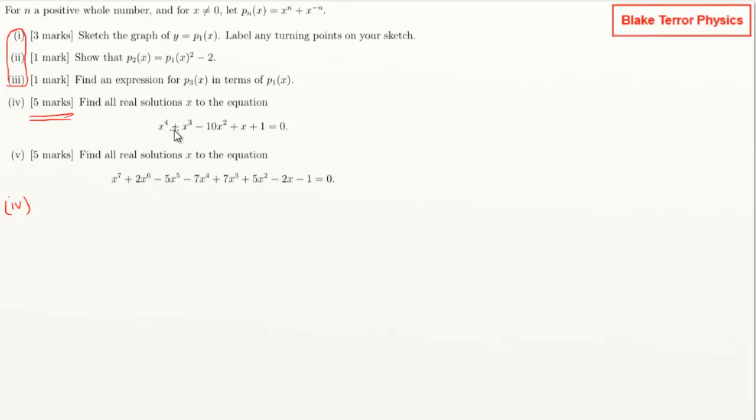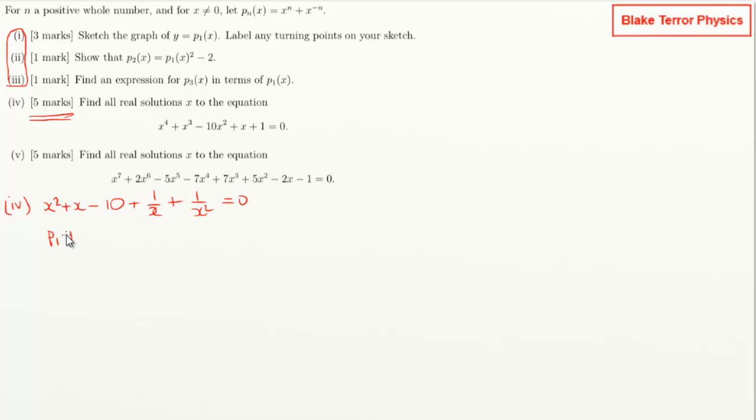So we could get things in terms of p2s, I suppose, if we divide everything by x squared. So let's divide everything by x squared. We'd have x squared plus x minus 10 plus 1 over x plus 1 over x squared equals 0. So we've got a p1 and a p2 and then a minus 10.